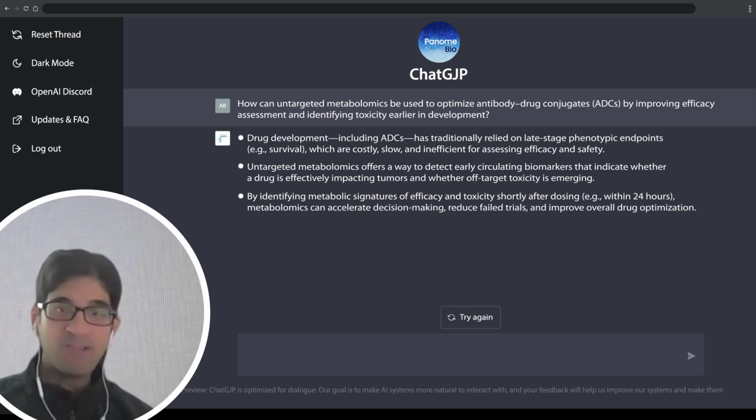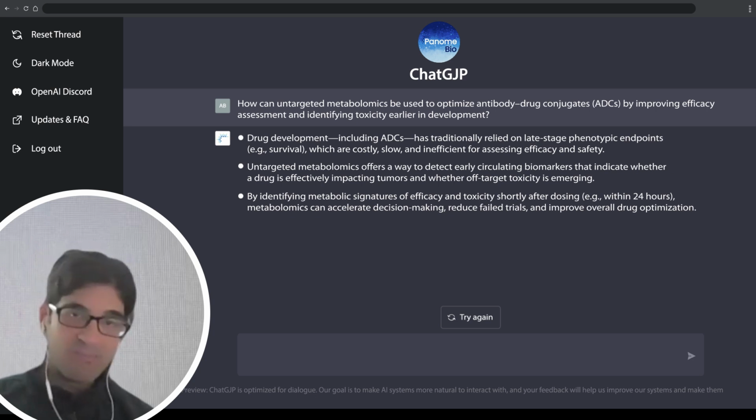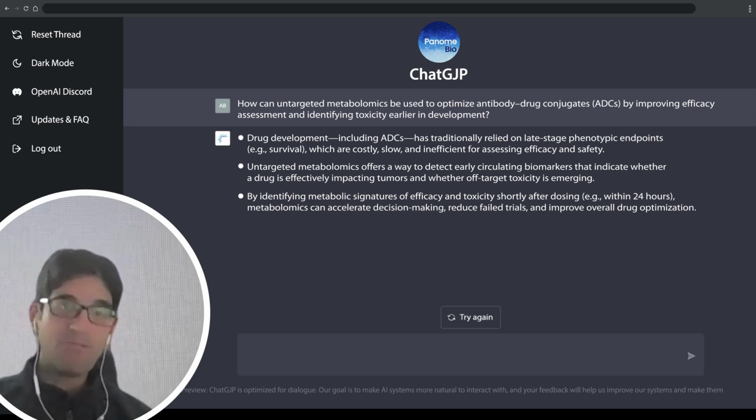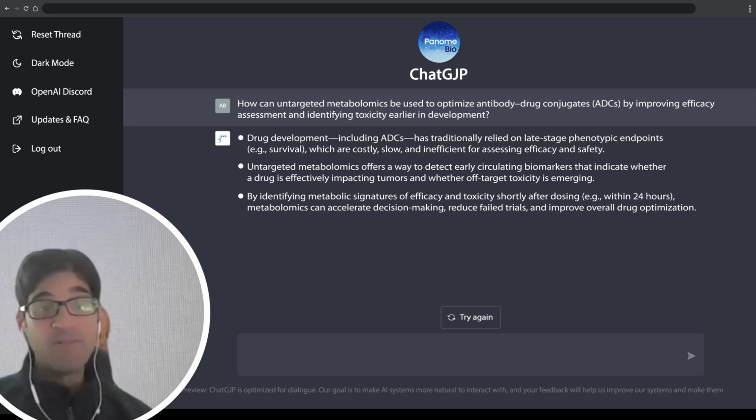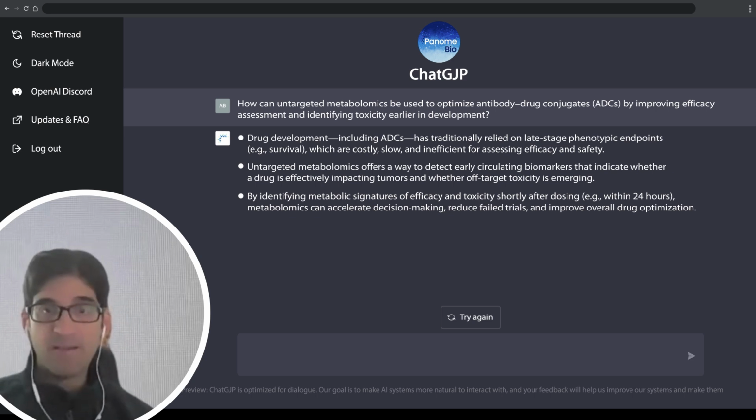Indications that the drugs actually are eliminating, or at least decreasing, tumor progression. Can you find those sorts of circulating markers? And furthermore, are there markers that are signatures of toxicity that you can profile?